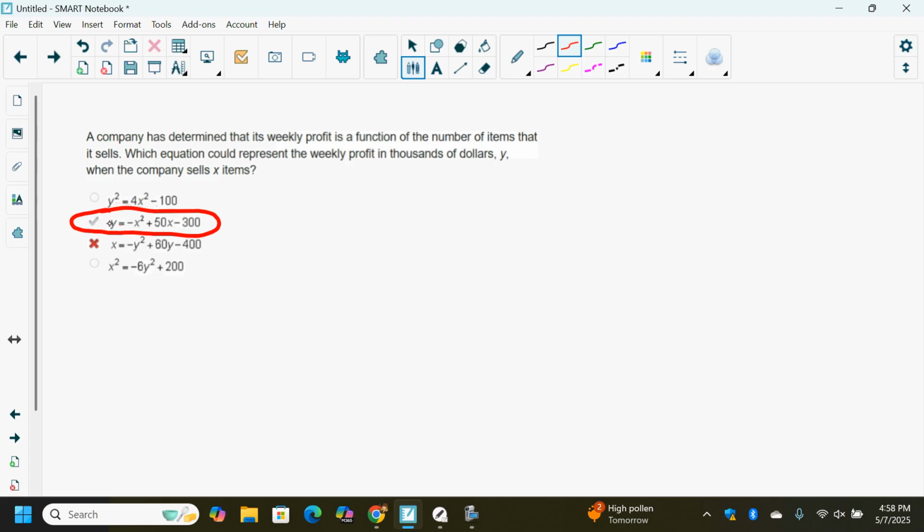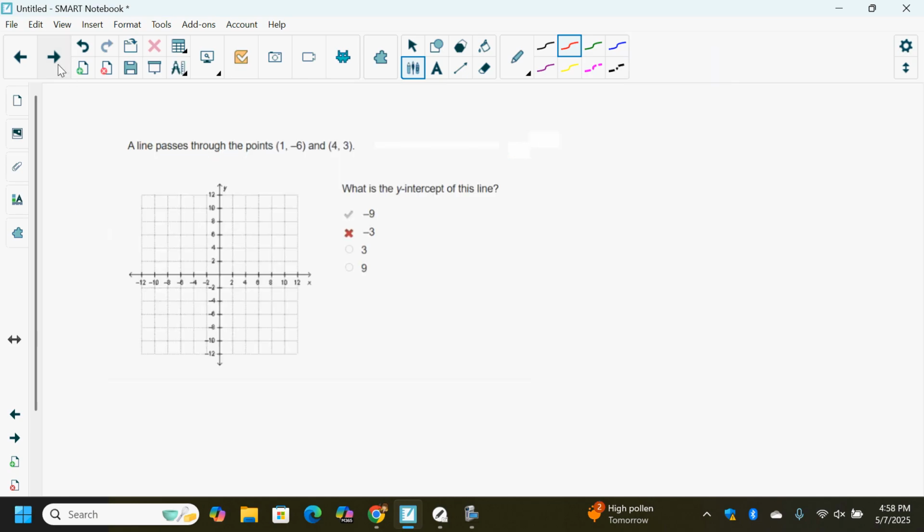The first one is y squared equals, and that wouldn't be y in terms of x. So the second one is the only equation that's written in y. When it says it's in terms of y, it wants it to be y equals the equation. So that's the only equation that does that.